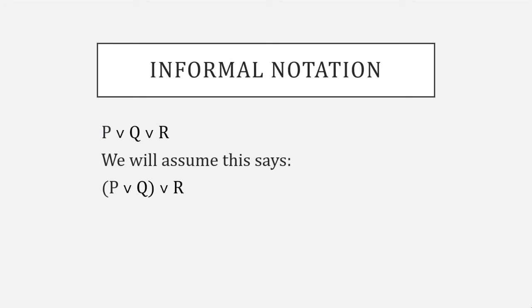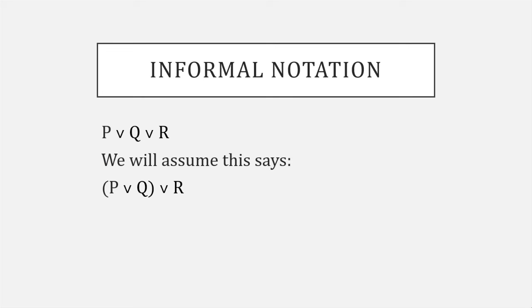Now, if you have two disjunctions in a row, that's okay. If we say P or Q or R, that's fine. We'll assume that it's this thing, but you could have assumed the opposite. You could have assumed that the other or was the major connective.